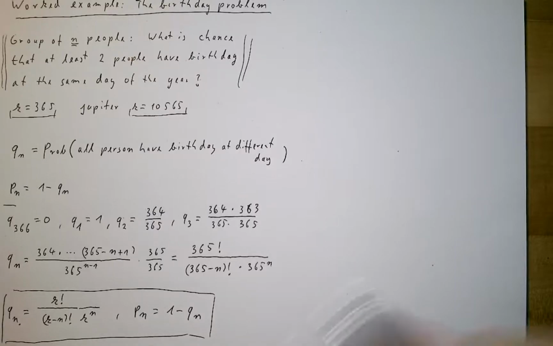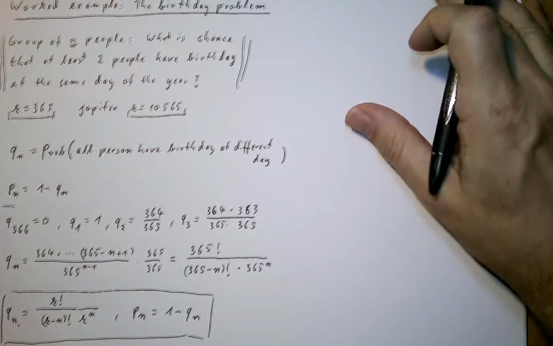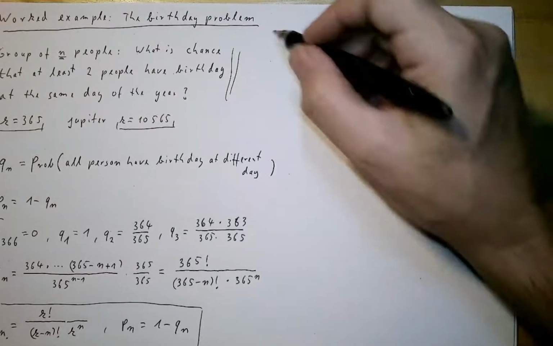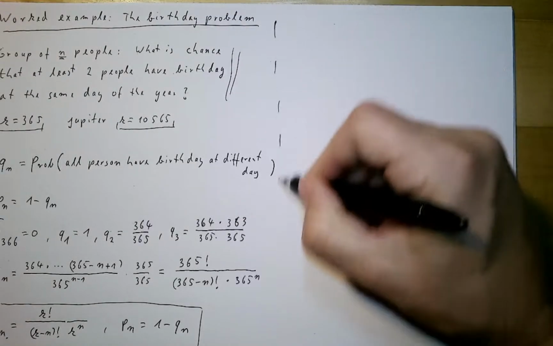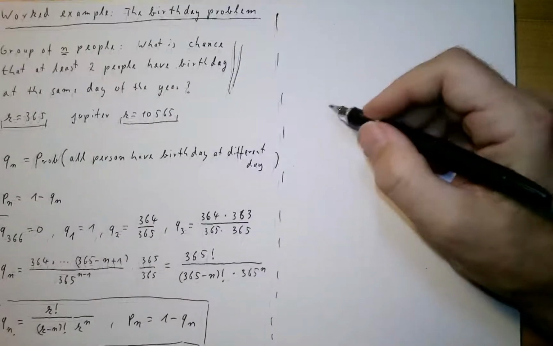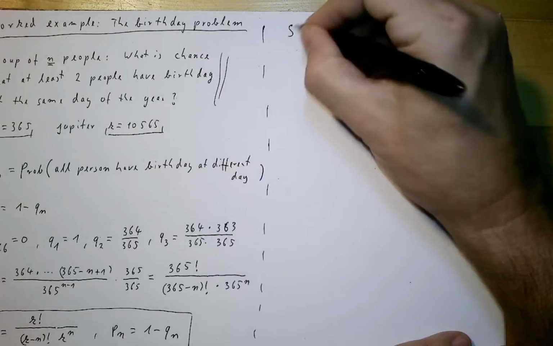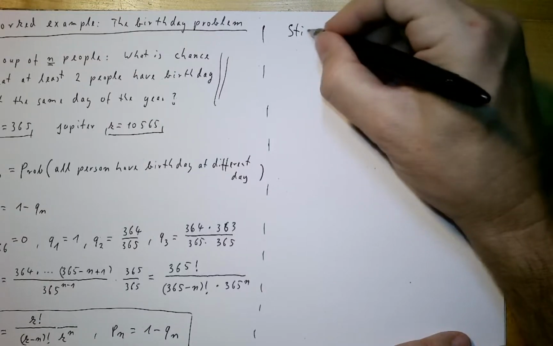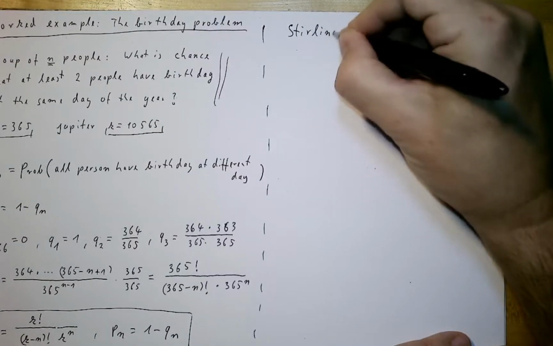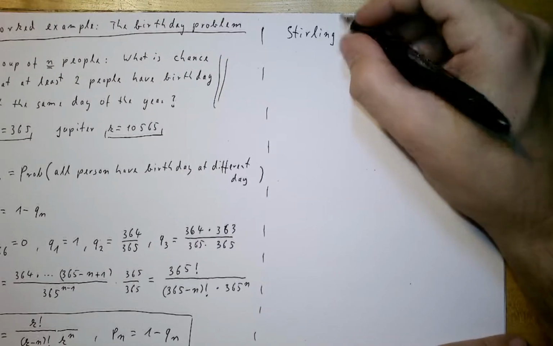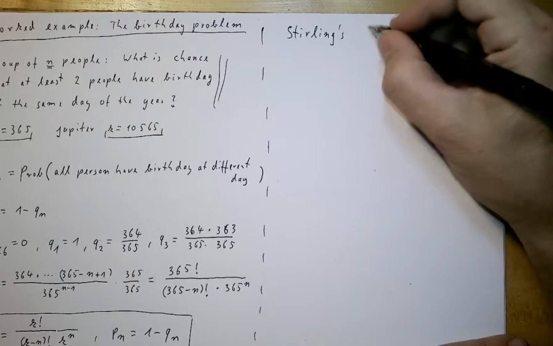So, and here now is the technique I want to show you, or to introduce you. So we will apply Stirling's formula. And that's the useful formula if we have factorials. So if you have equations or terms with factorials, Stirling's formula.